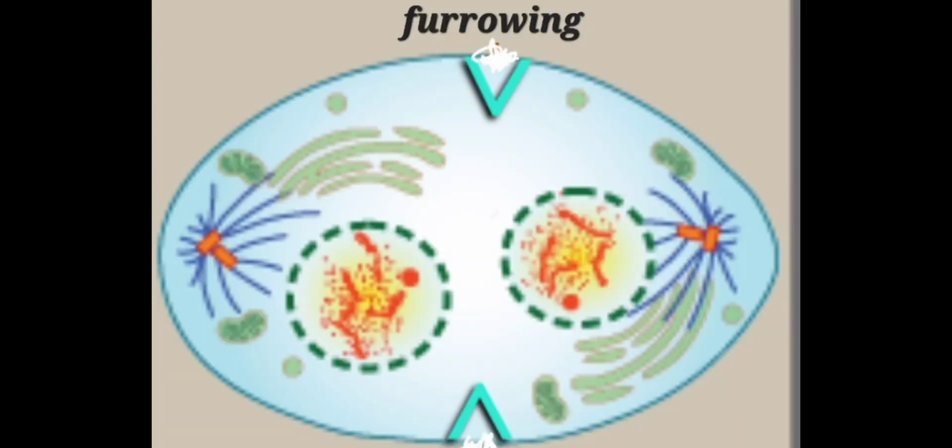Telophase appears to be the reciprocal of the prophase stage in quite a few aspects. Let us know them. Firstly, there is reassembly of the nuclear envelope by binding of the vesicles to the chromosomes. Then the fusion of the vesicles forms a double membrane around the chromosomes. This is followed by the reassembly of the nuclear pore complexes.